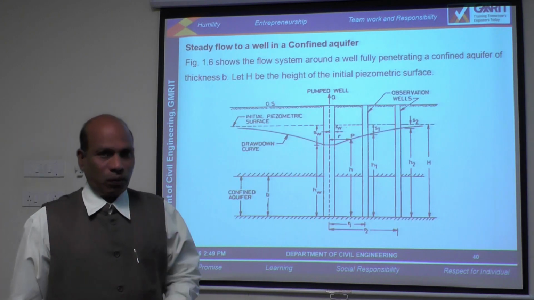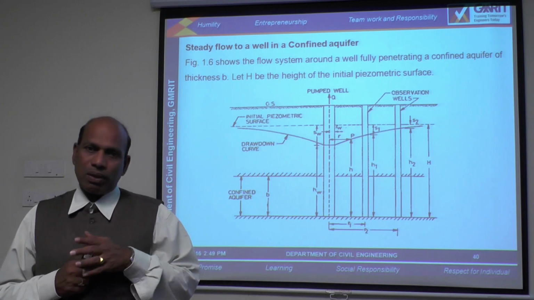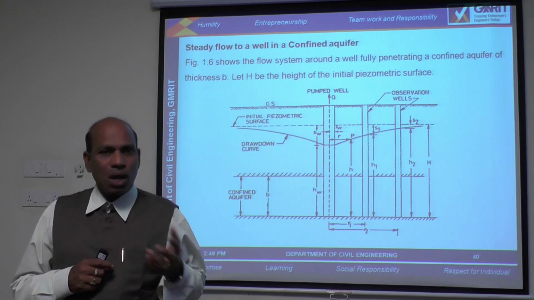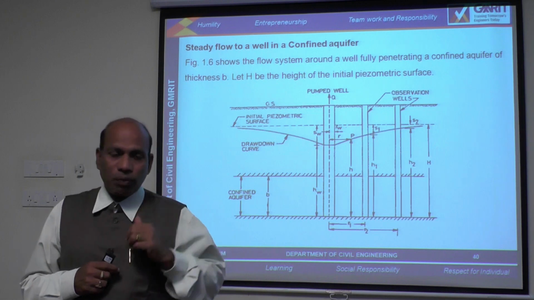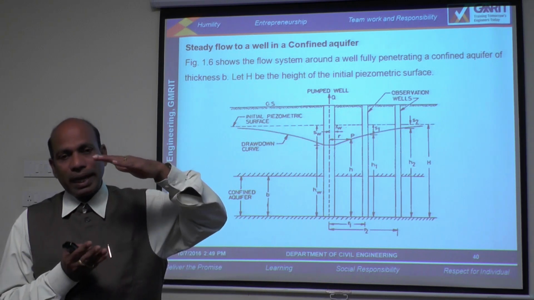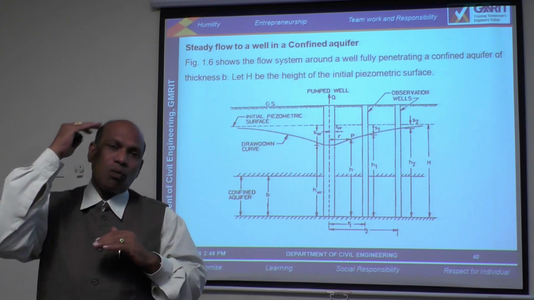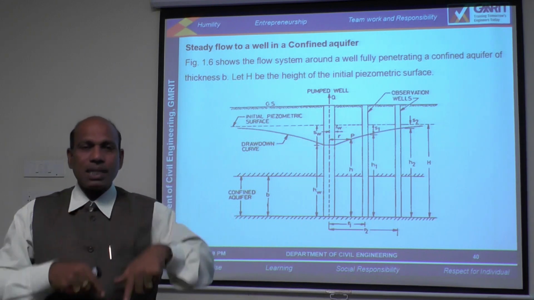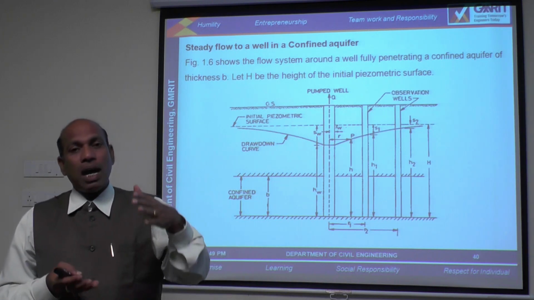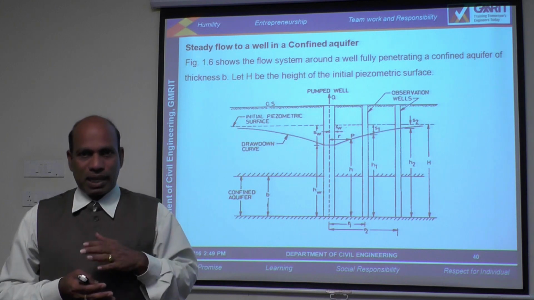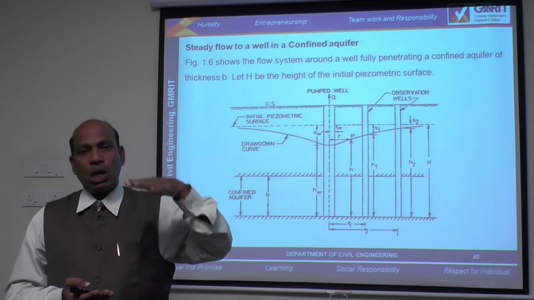Then the confined aquifer. The determination of flow rate into a well in a confined aquifer is also like that of the unconfined aquifer. The difference is that in the unconfined aquifer, the depth of water is from the bottom impervious layer to the water table, that is H. Whereas in a confined aquifer, the water is confined between two impervious layers, one impervious layer at the bottom and another on the top.